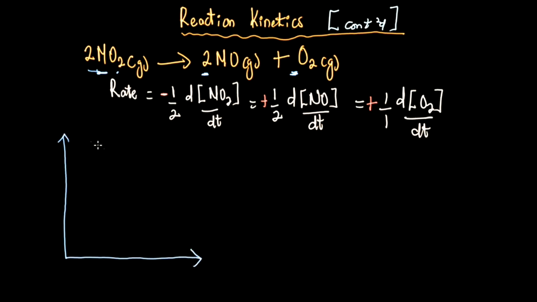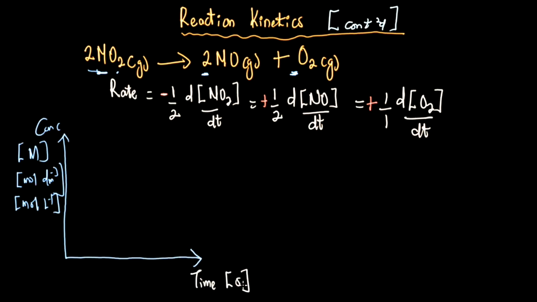So we have here concentration, the unit of which can be molar, which is the same thing as mole per dm cube, and it can also be mole per liter. And here is the time in seconds or any unit of time.